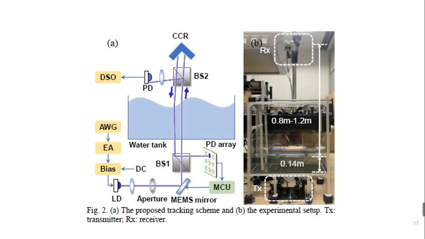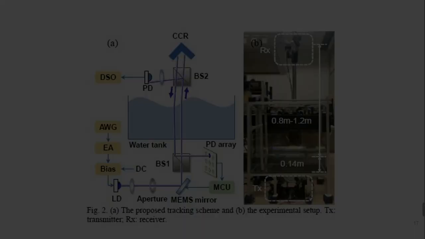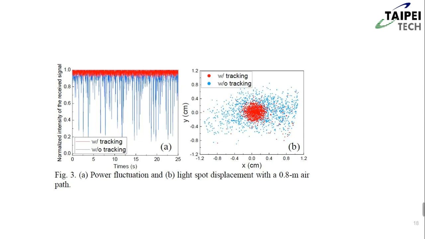The schematic of the beam tracking system based on the MEMS mirror is illustrated in Figure 2a, and b is the experimental setup. The normalized intensity of the received optical signal and the light spot displacement trace with and without the beam tracking are shown in this slide.